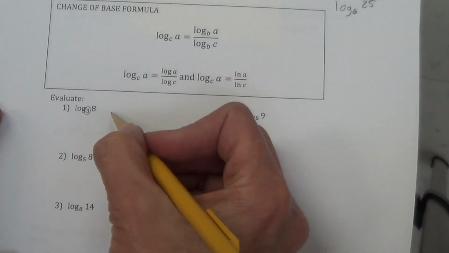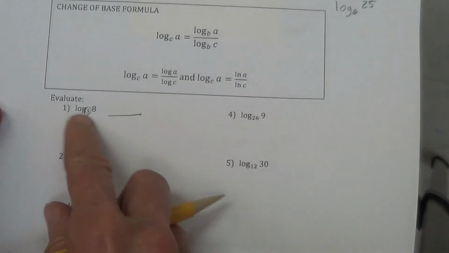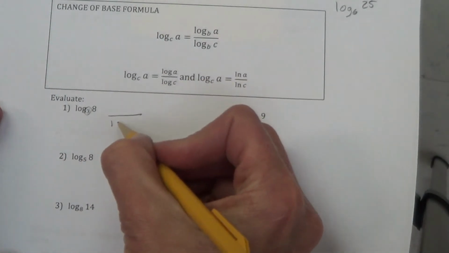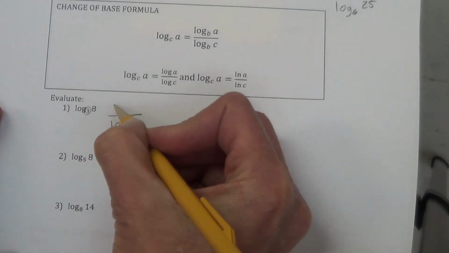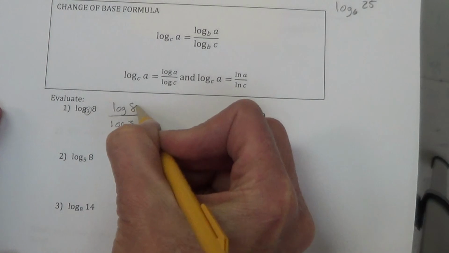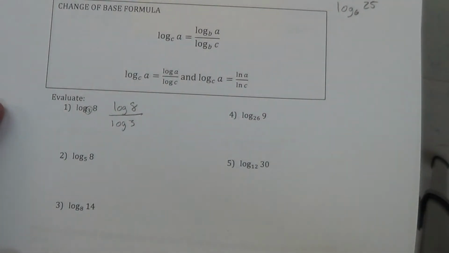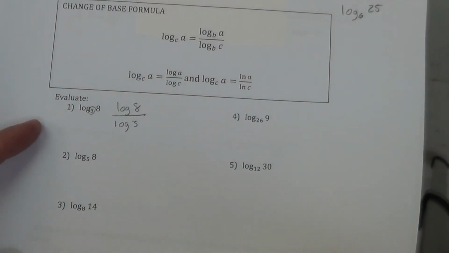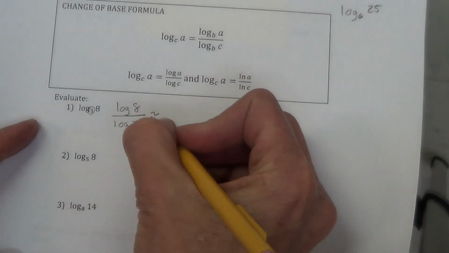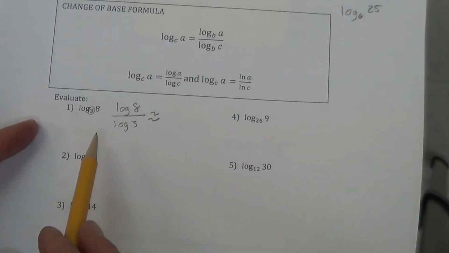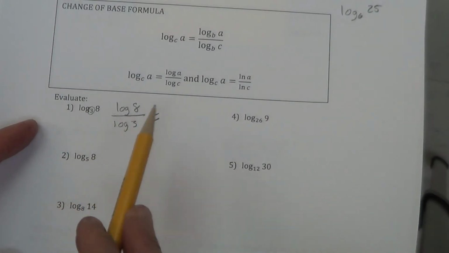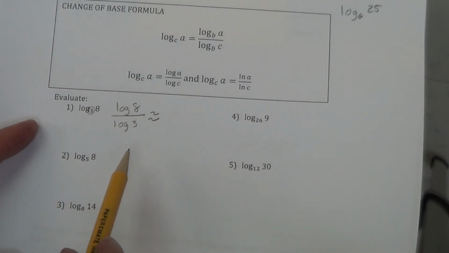Well, they said, take that and make it the base of your fraction. So it's log 3 and log 8. And that's how we're going to change the base to get a decimal value for this, is we change them to log base 10 in that way.